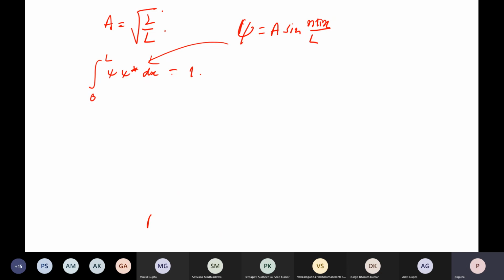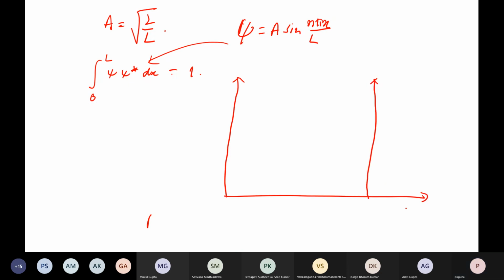So this part we have done, and at the end of the class what did I do? I tried to draw the wave functions for various values of n. You remember? So if I try to draw the wave function for various values of n, this is 0 to L. We said this is for n equal to 1.